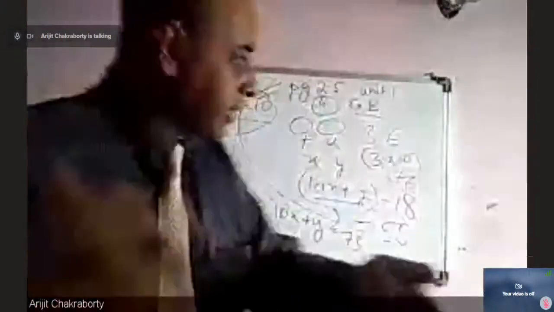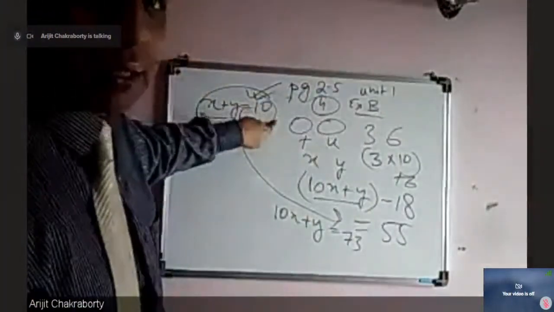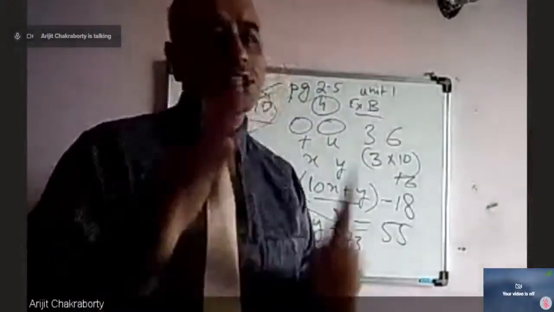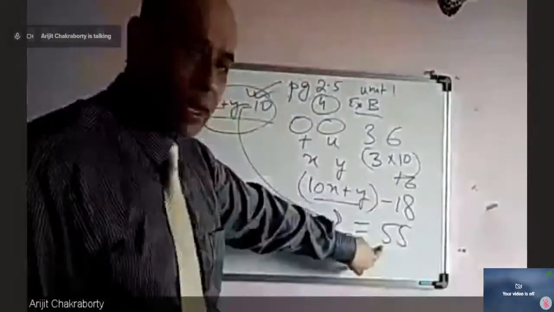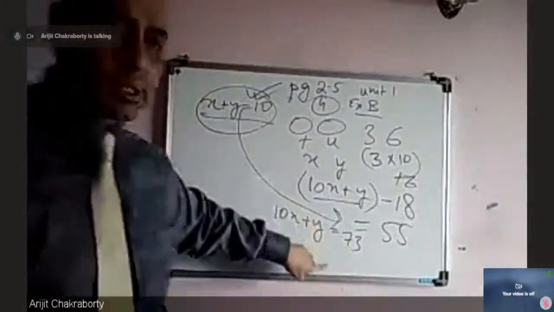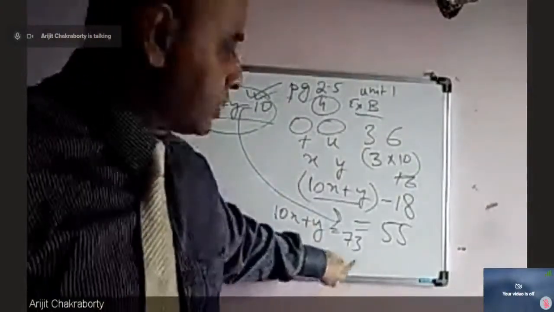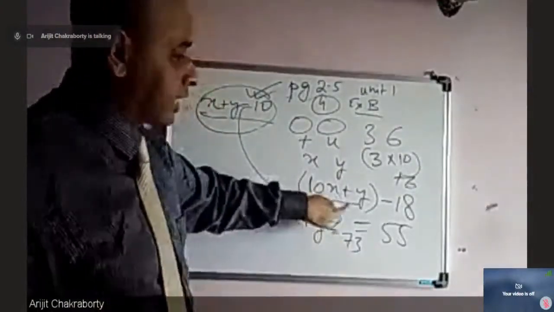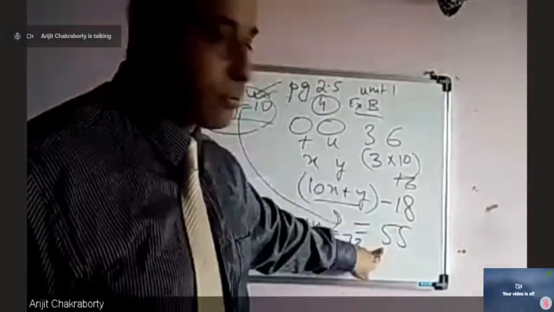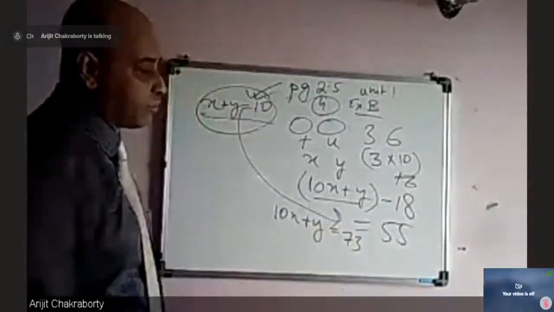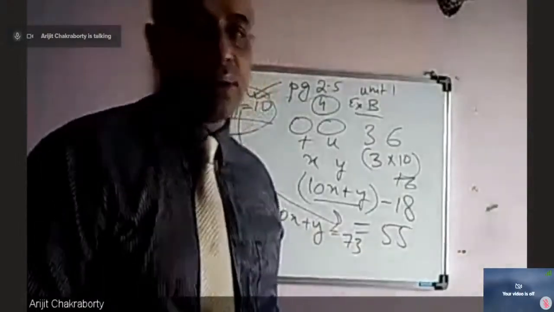Now we already know the sum of the two digits is 10. So if they are equal, it has to be 5 and 5. So 55. So thus we get the equation 10x plus y is equal to 73, because 10x plus y minus 18 is 55. So if you add 55 and 18, it becomes 73.